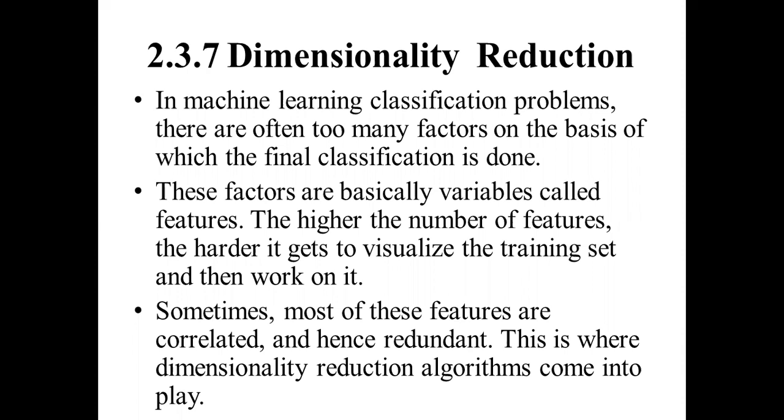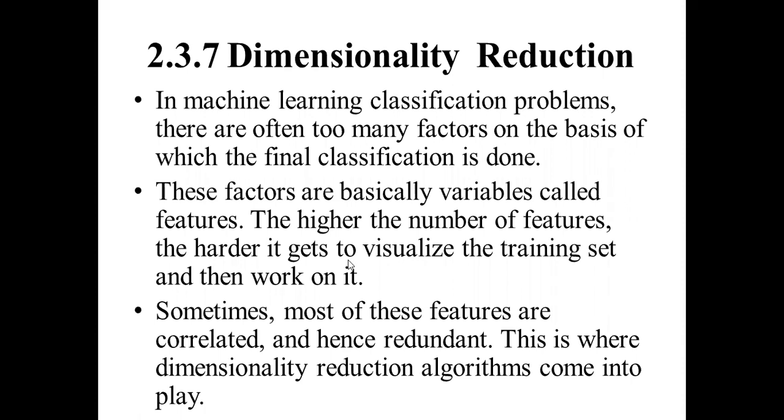When we talk about these dimensions or values in terms of machine learning, we call these variables or this data features. Features are value sets. So in a machine learning classification problem, there are often too many factors on the basis of which the final classification is done. These factors are basically variables called features.